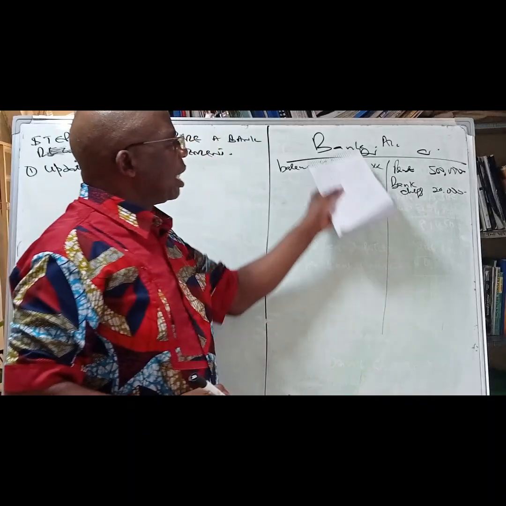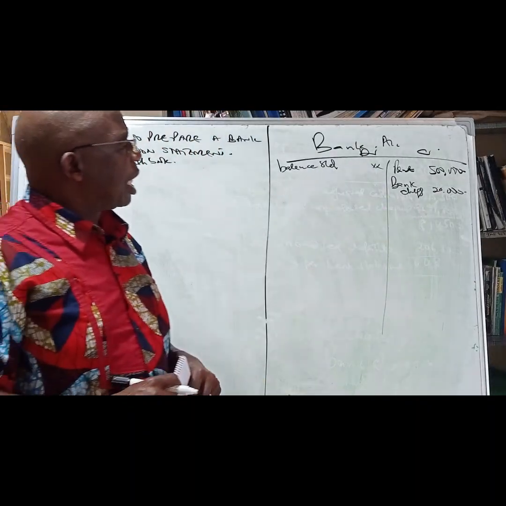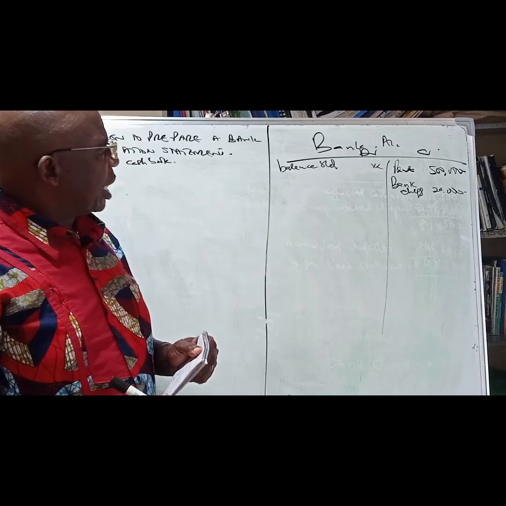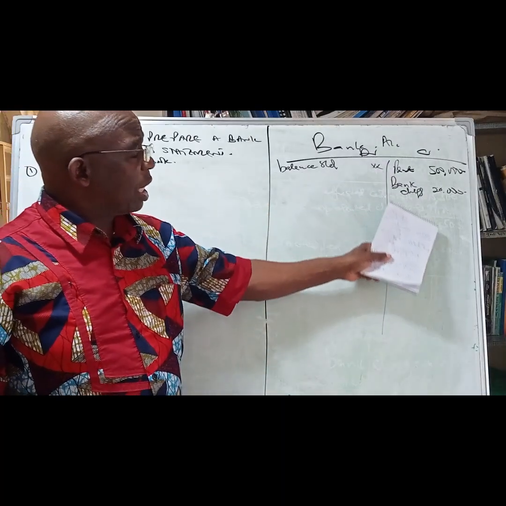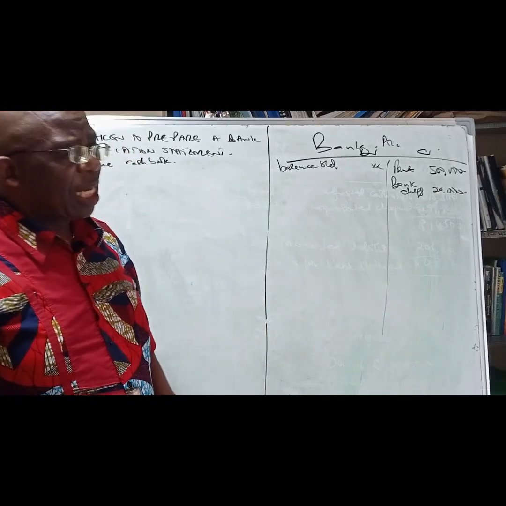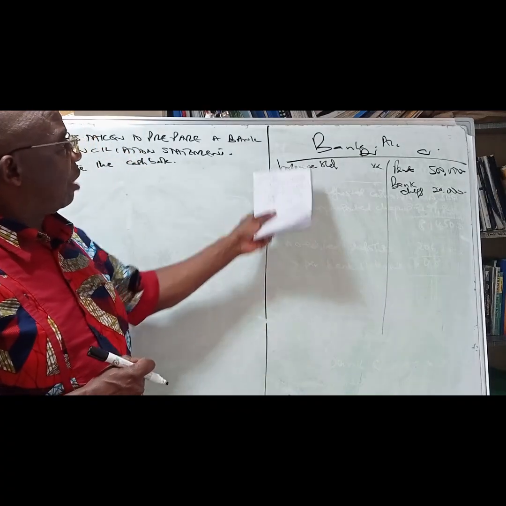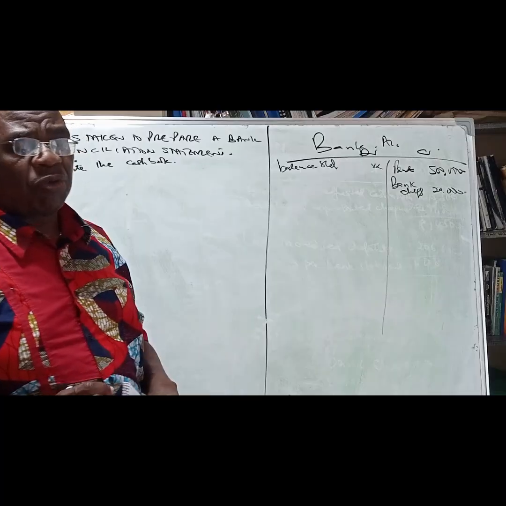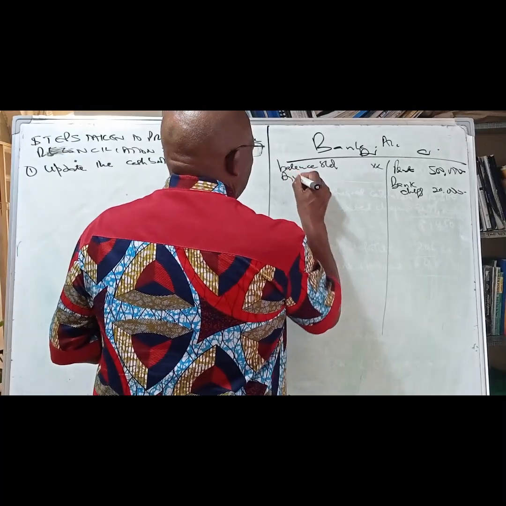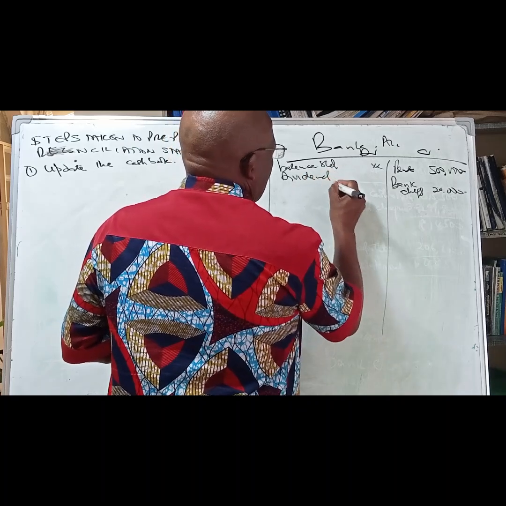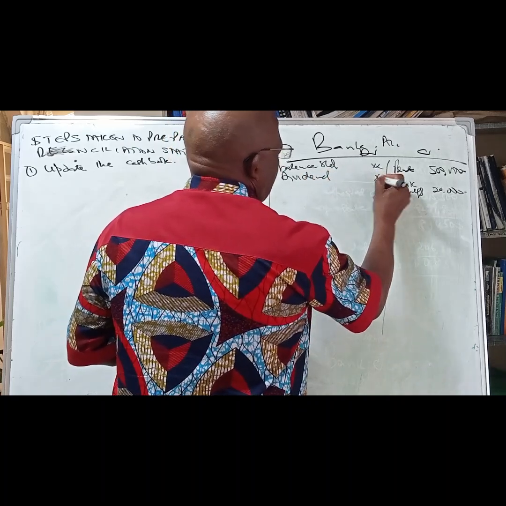So you're updating the cash book. If there are any expenses paid on our behalf by the bank, and we have not captured in our cash book, we now capture. If they have received dividend income, we debit.